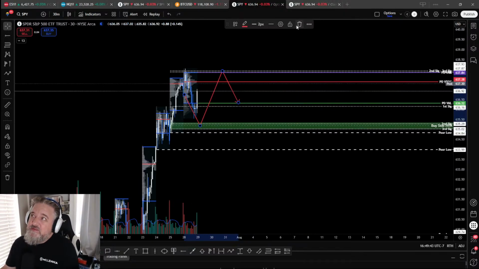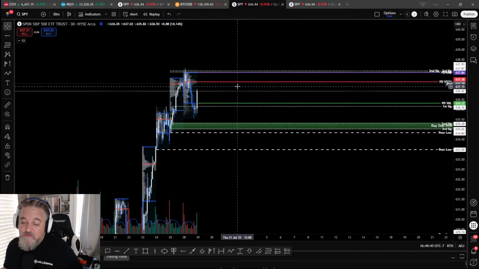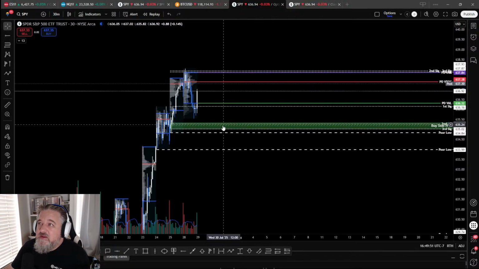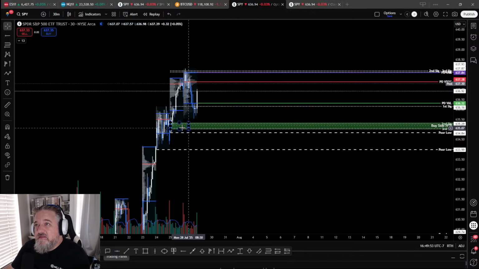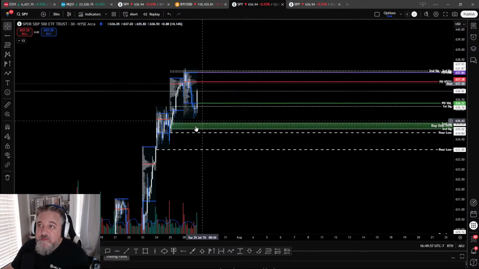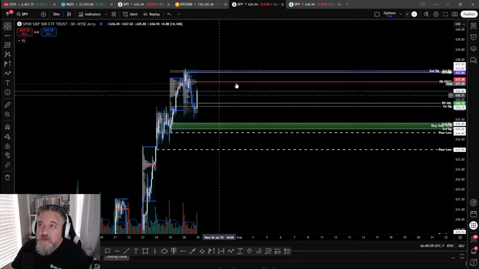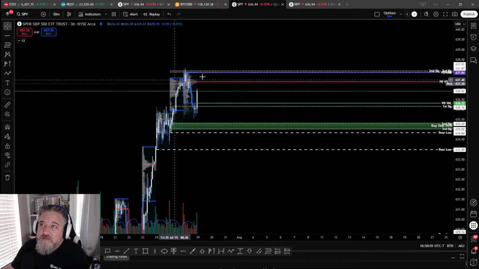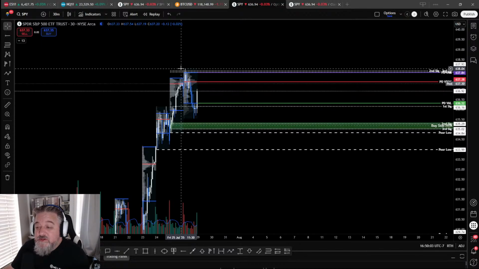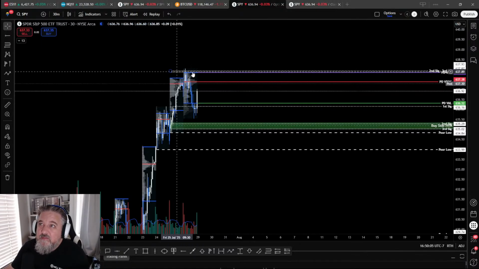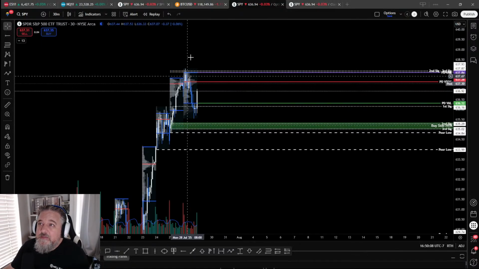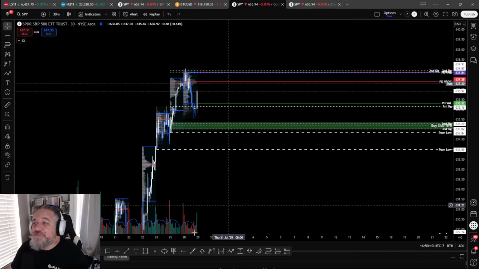You don't want to use it as a standalone indicator. You need more data. So if the levels line up with something else, like here, we're lining up with this big buy side high volume node, we're definitely looking to buy when we come to this level. Okay. I haven't looked at my other chart yet to see if we have something up here at the top, but we might. So that's what it is.